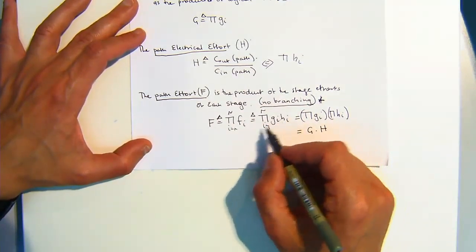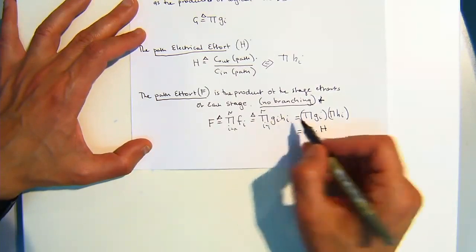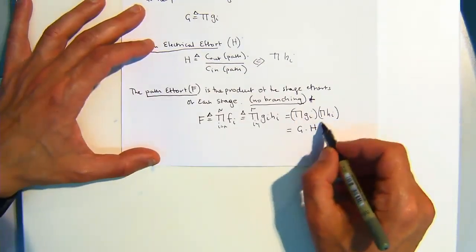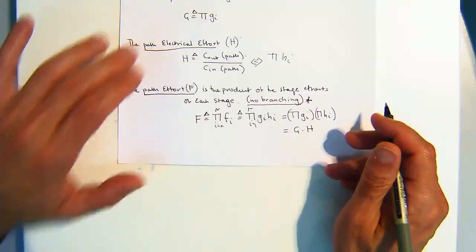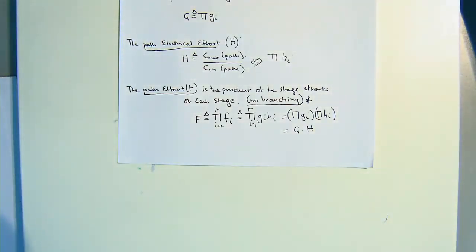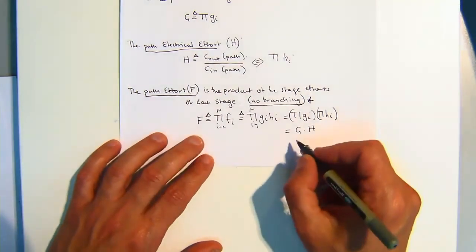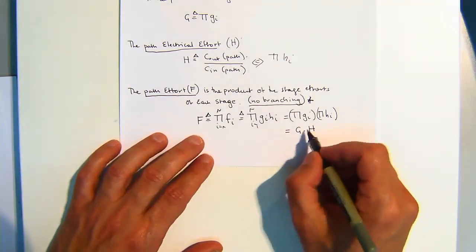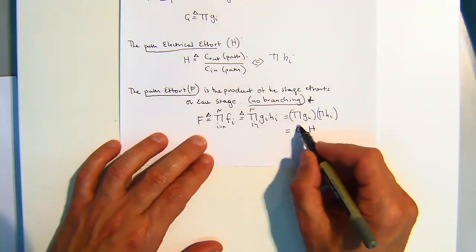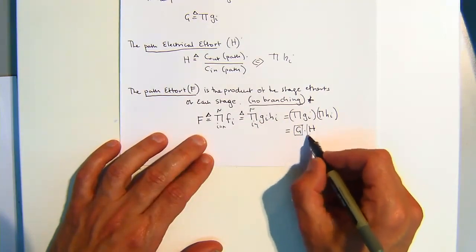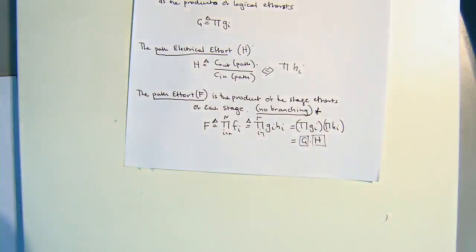The product of products can be rewritten as the product of these two products. And what we've got is that this path effort is capital G times H.